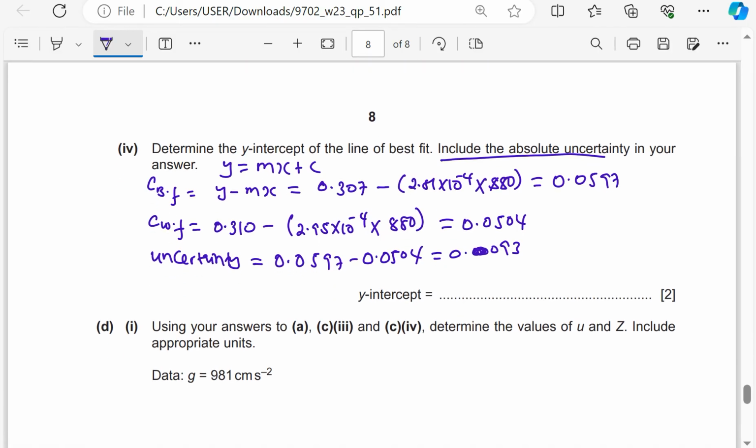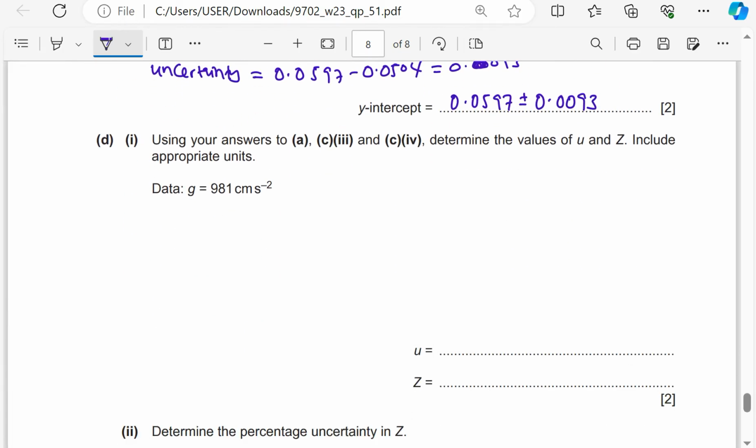So the y-intercept is going to be 0.0597 plus or minus 0.0093.